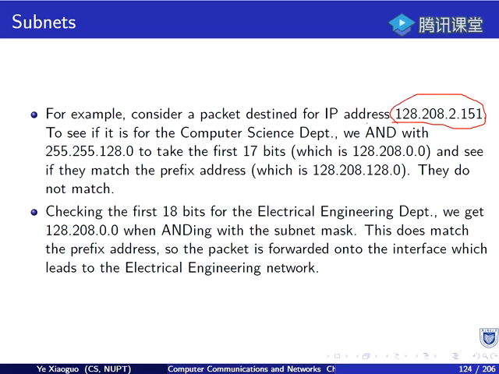To see if it is for the computer science department, we AND it with the subnet mask, this one, to take the first 17 bits, which is this one, and see if they match the prefix address, which is this one. They do not match.